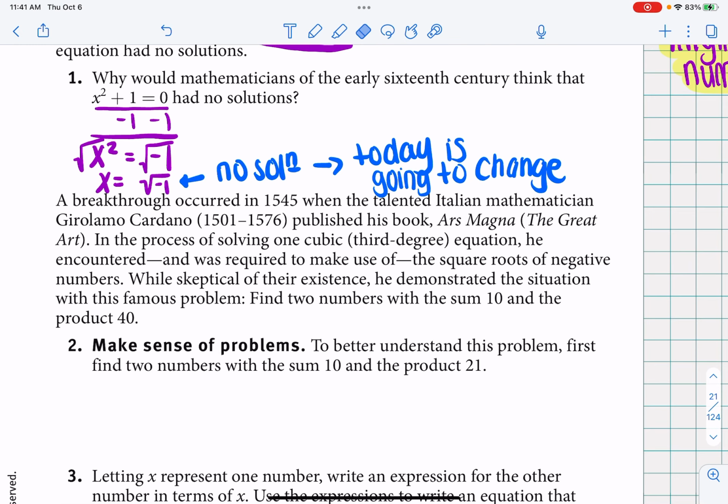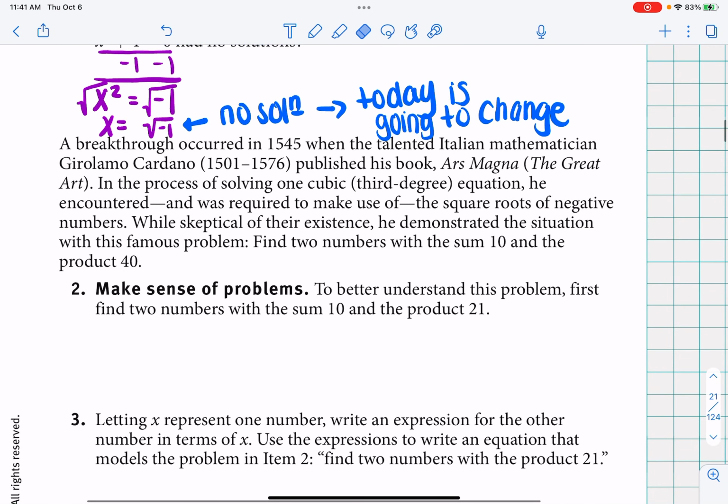While skeptical of their existence, he demonstrated the situation with the famous problem: find two numbers with the sum 10 and the product 40. We're going to do this problem in just a second, but for right now, we're going to make sense of what he was talking about.